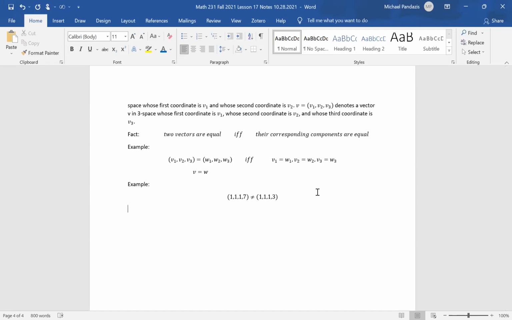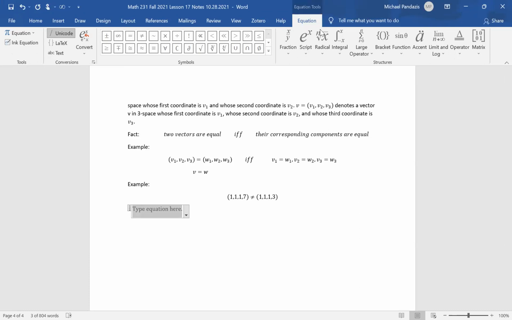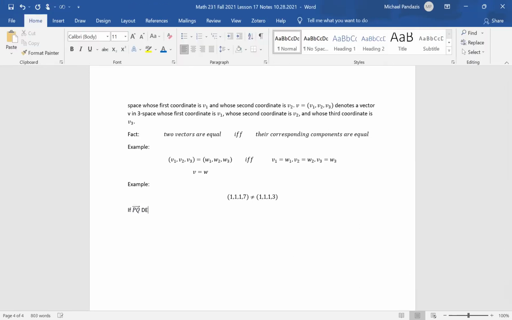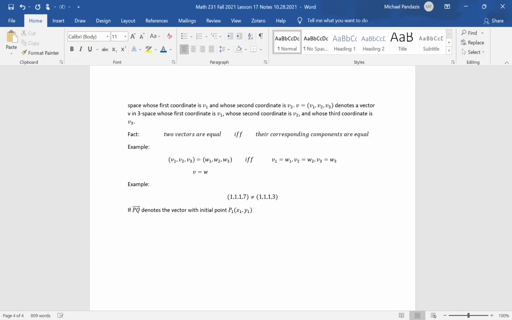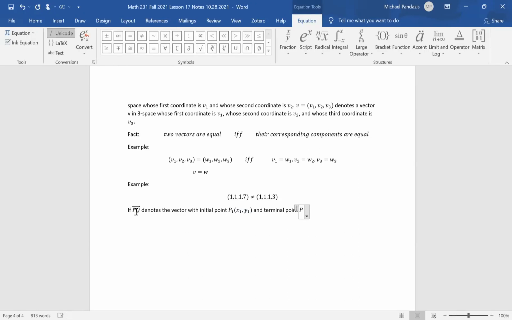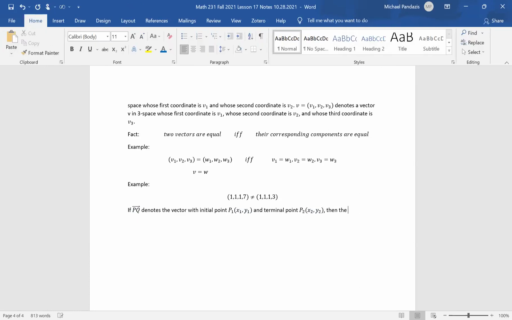Okay, so next, if the vector PQ denotes the vector with initial point P1 of x1, comma y1, and terminal point P2 of x2, comma y2, then the components of this vector are given by the formula.